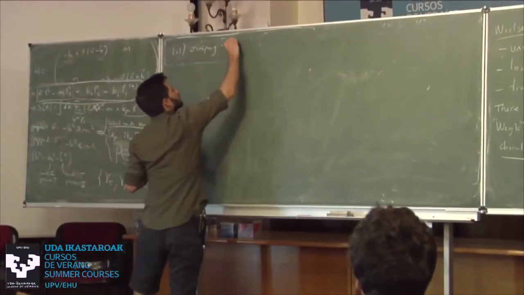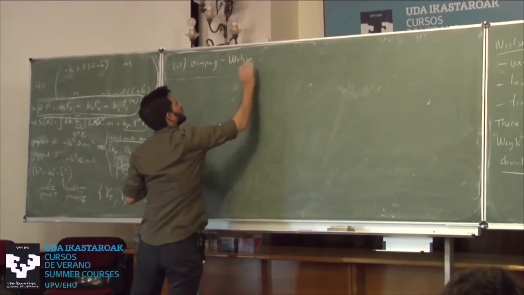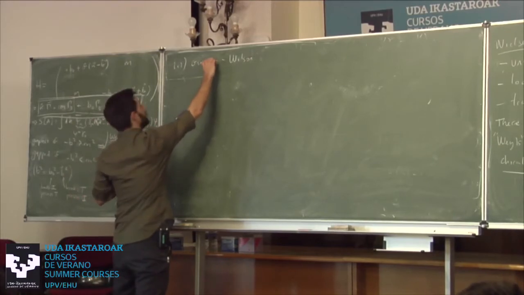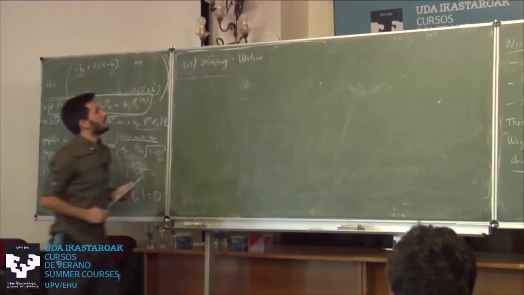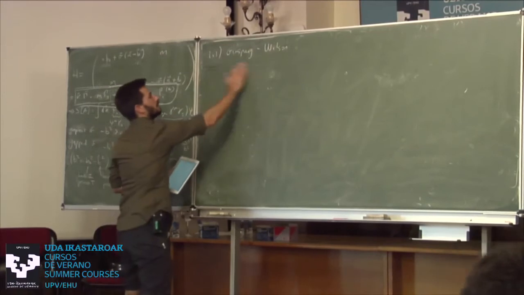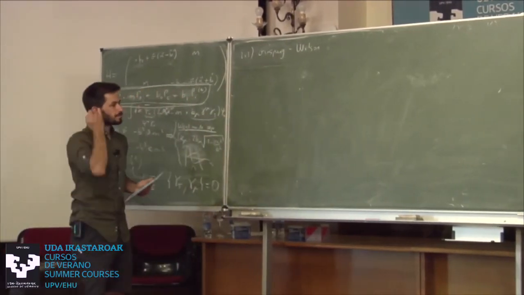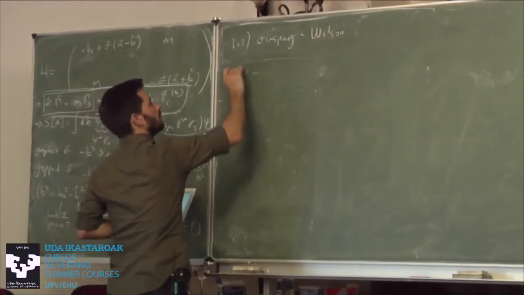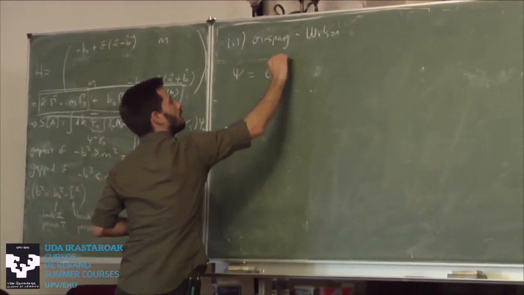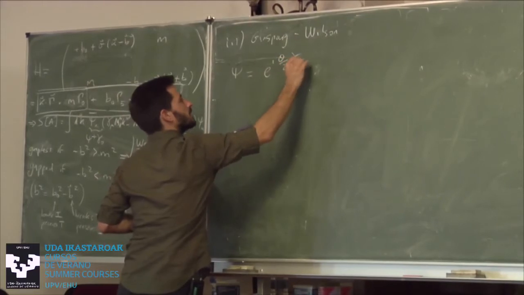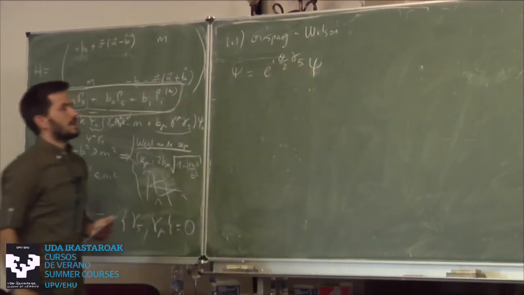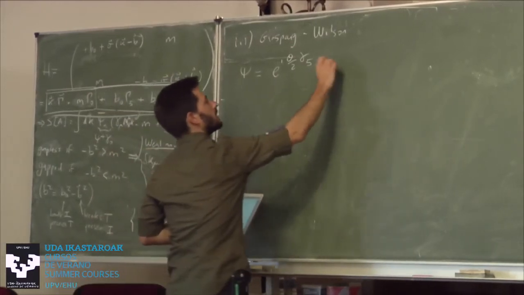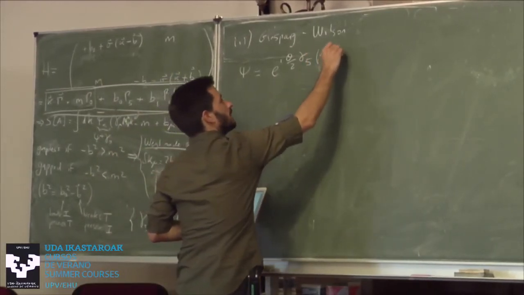Ginsparg-Wilson. So what these guys did was, remember that our chiral transformation from the other day was something like this. What they want to do is promote this transformation to the following.